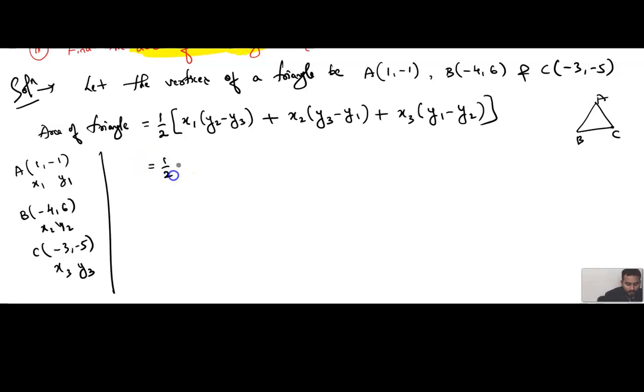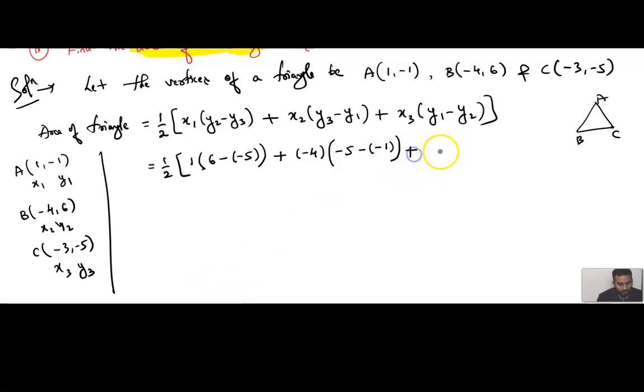Area of triangle is half into x1. The value of x1 is 1, into y2, which is 6, minus y3, whose value is -5. We are getting one more minus, so we write it in brackets, (-5). Close the main bracket. Then plus x2, which is -4, written in brackets because a minus comes after the plus, into y3 which is -5, minus y1 which is -1, so we write (-1) in brackets, and close the main bracket.